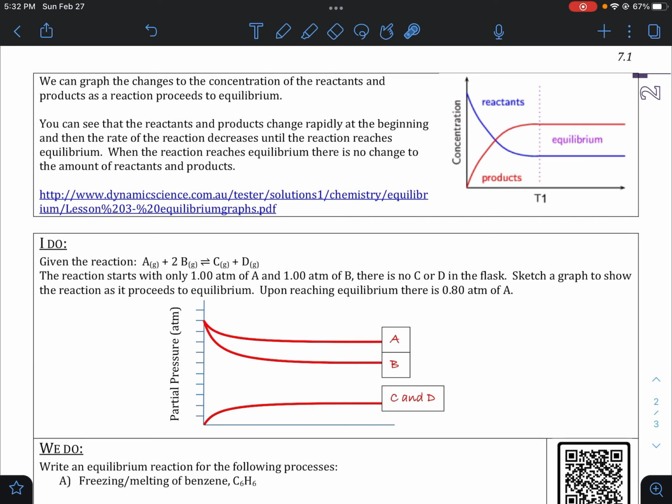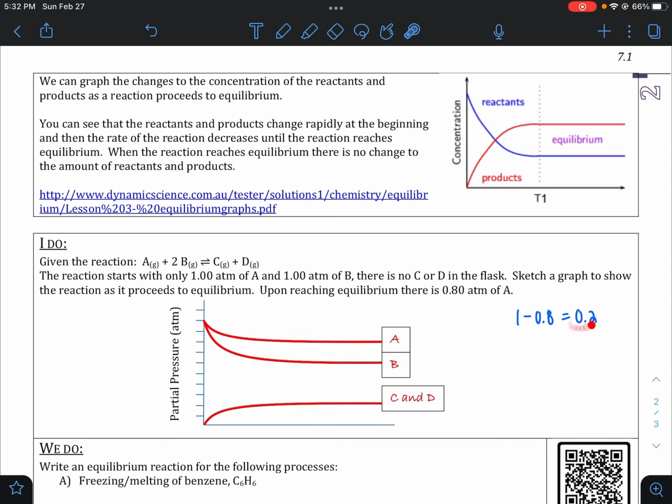So the total pressure is the summation of each of these partials. Now A and B both start at the same point, and they are going to decrease. A is going to decrease to roughly 0.8, so it decreases by 0.2. How did I get 0.2? Because 1 minus 0.8 equals 0.2.